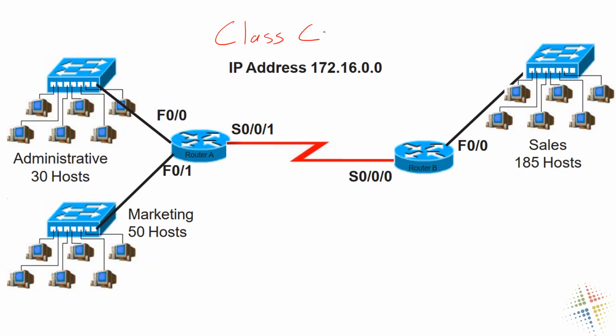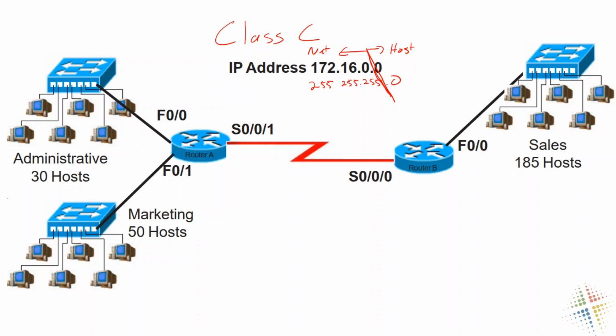Now, if you know what a Class C network is, hopefully at this point you know that it has a subnet mask of 255.255.255.0, which means that this last octet right here has to do with host IPs, whereas everything before that has to do with network IPs.